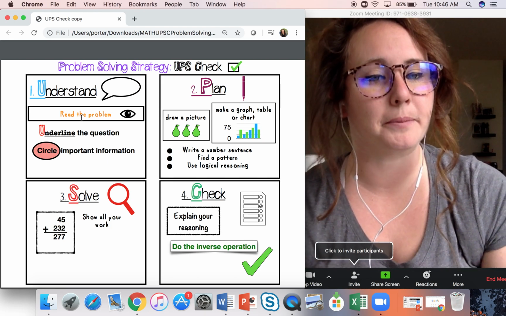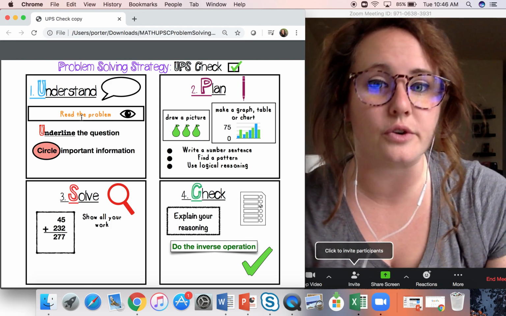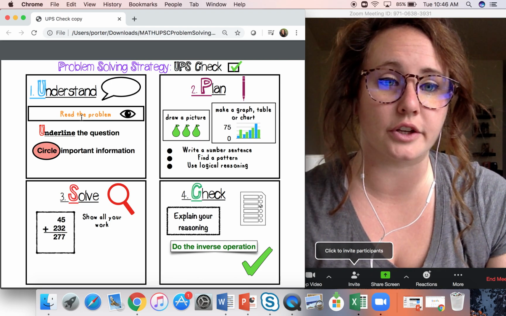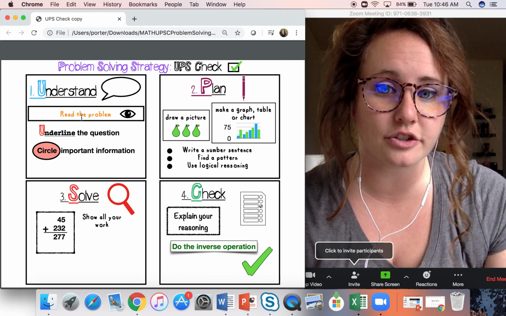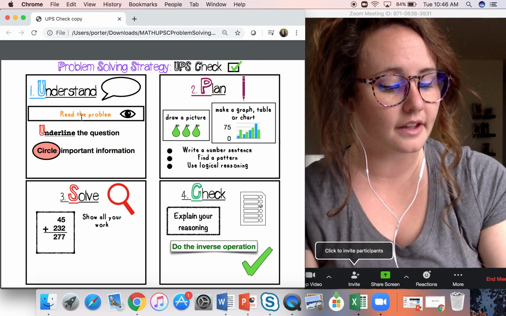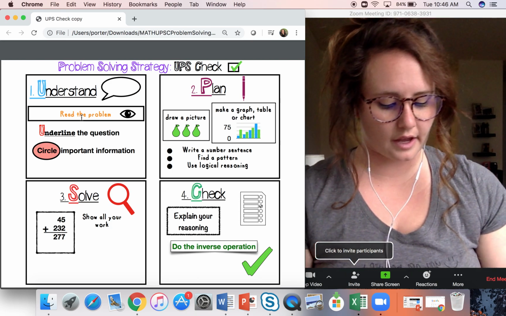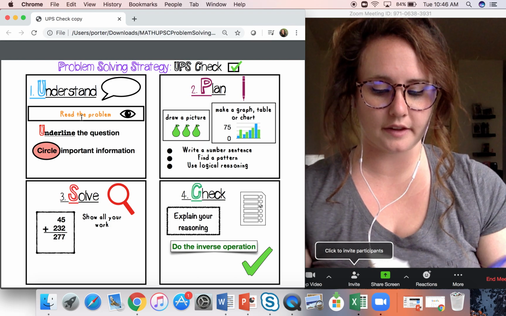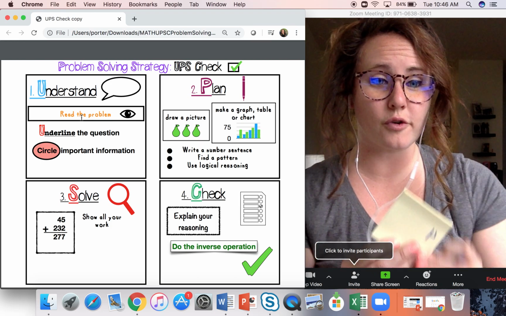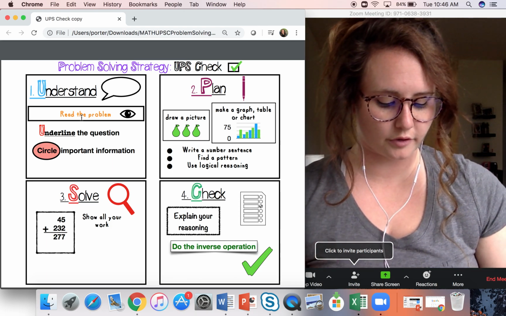And then you would plan. So we always talk about in math using our tools. So you could draw your picture. If you had a graph, you could look at your graph, or you could make a tally chart. Also, you could write a number sentence. So my number sentence, I would take my important words. So I have my 4 clementines. That's my important word, 4.